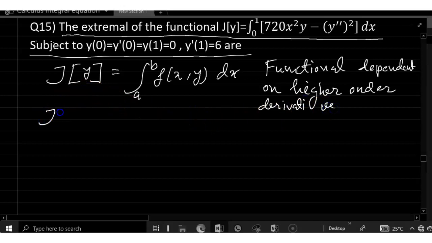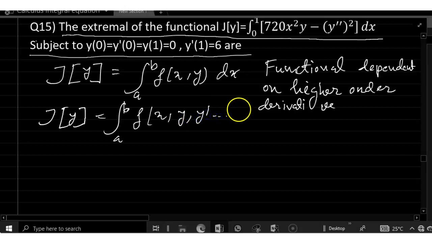So J(y) equals integral a to b of F(x, y, y dash, up to y n) dx.